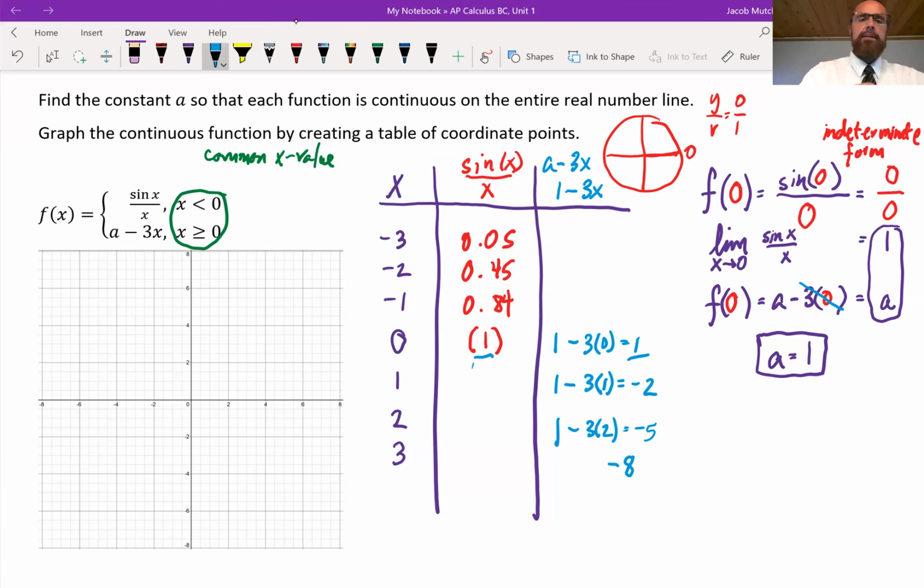Well, let's graph these two and see if we got a nice continuous function. So -3 right here, 0.05. -2 is at 0.45, so right under half. -1's at 0.84. And then functionally, I'm going to put an open circle at 1.